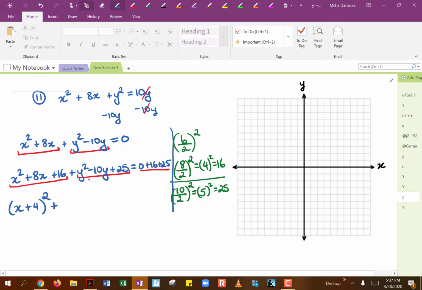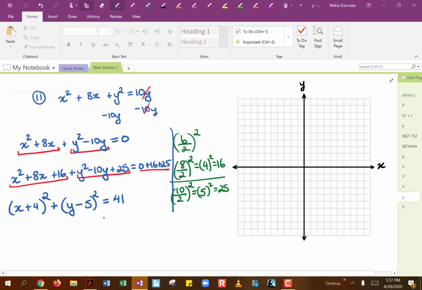For y squared minus 10y plus 25, when we factor that, that will become y minus 5, the whole quantity squared, equals, and then go ahead and add the right hand side. So when we add 0 plus 16 plus 25, that will of course add up to give us a total of 41.